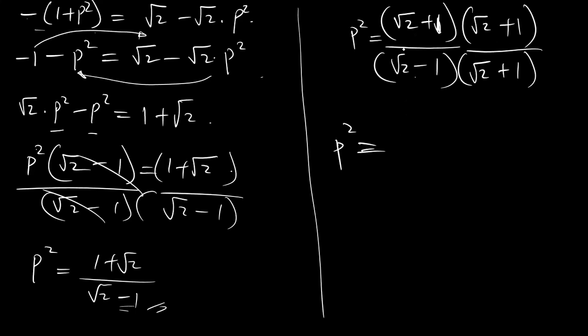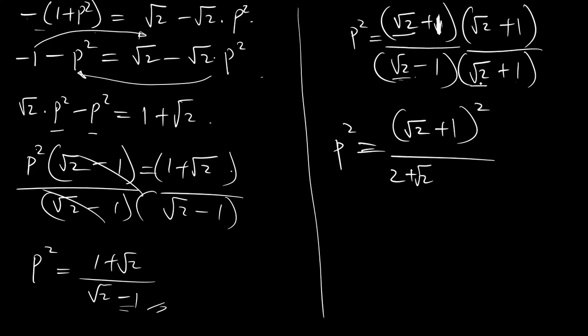let's open the bracket. This times this is square. So now we have the square root of 2 plus 1 all squared, because it's the same thing, divided by the square root of 2 times the square root of 2 is equal to 2. The square root of 2 times plus 1 is equal to plus the square root of 2.